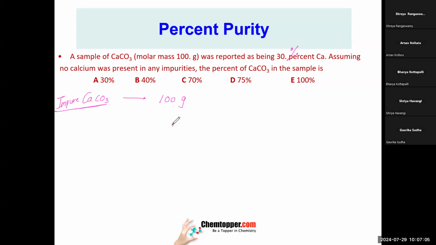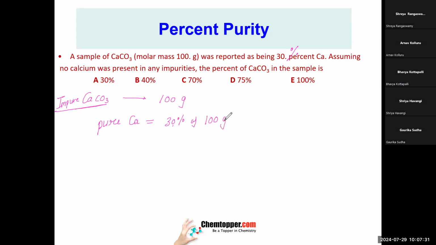Okay, so impure calcium carbonate is 100 grams, right? And in this 100 grams, how much calcium is there? Pure calcium. Pure calcium is how much? 30% of 100 grams. Very good.